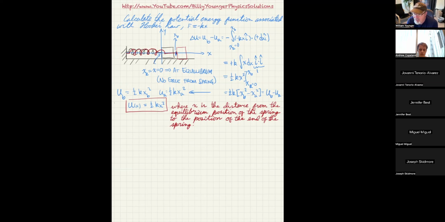You would take that as the equilibrium position, and then you pull it down some distance. Now you measure from the bottom of where the mass was to the bottom of where the mass is. That's a very normal way of doing it. But the main thing is just trying to ascertain exactly how much the spring has been stretched or compressed, and that's what you put in for x. So any questions on that one?